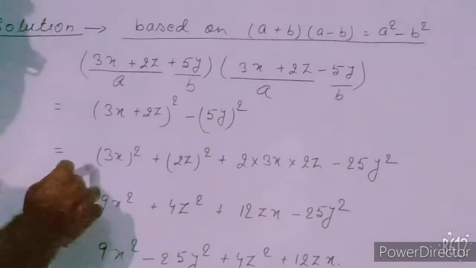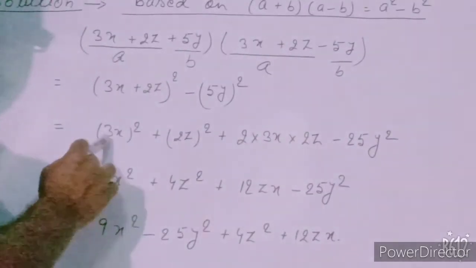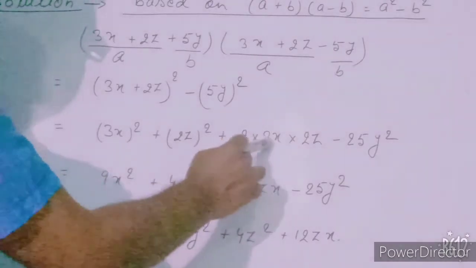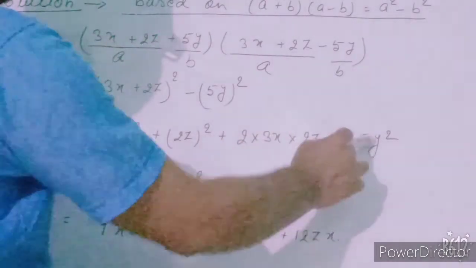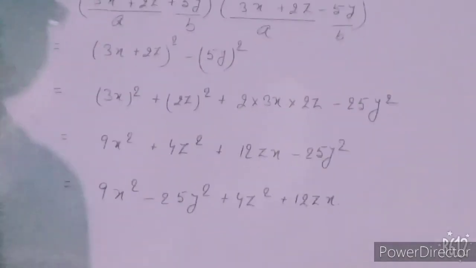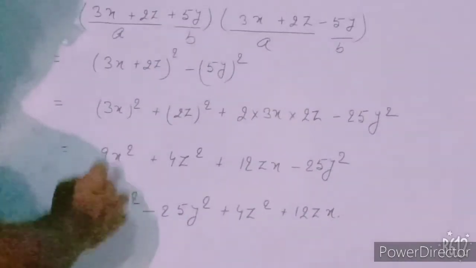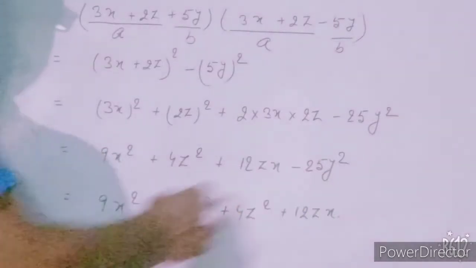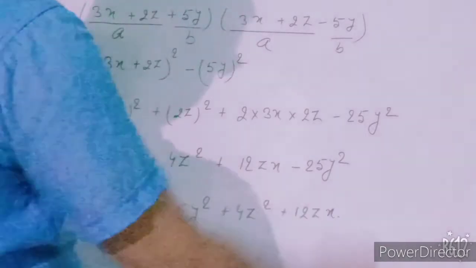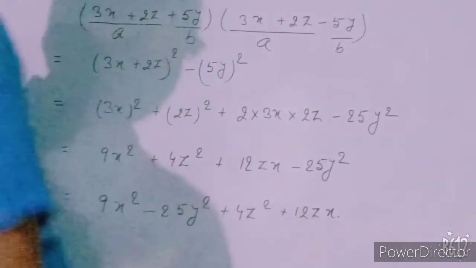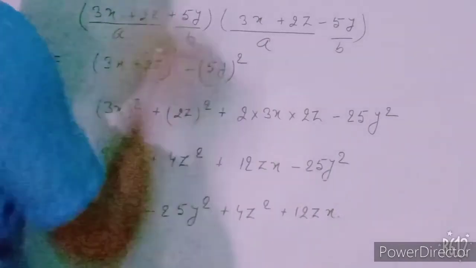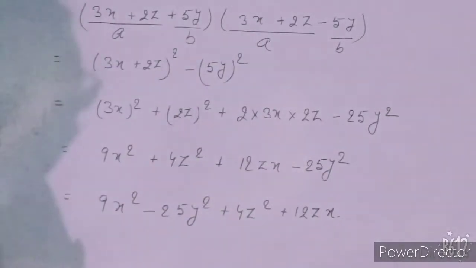I have simplified this: 9x², 4z², 2 3s are 6, 2 are 12, zx, minus 25y². I have rearranged the terms: 9x² - 25y² + 4z² + 12zx. If you don't want to rearrange the terms, you can write till this step; that answer is also correct.